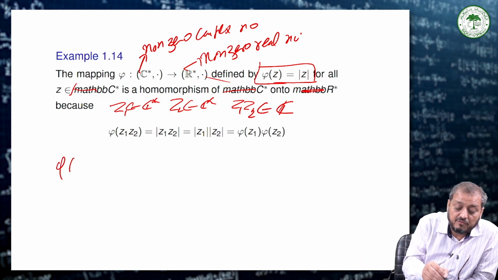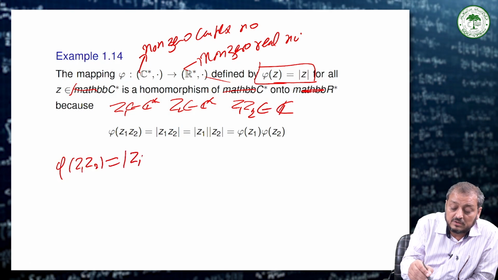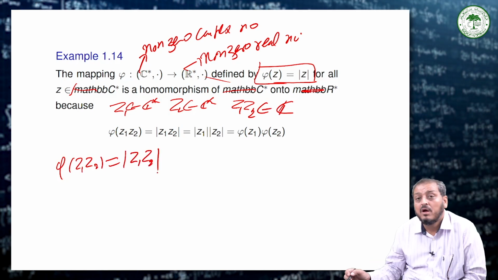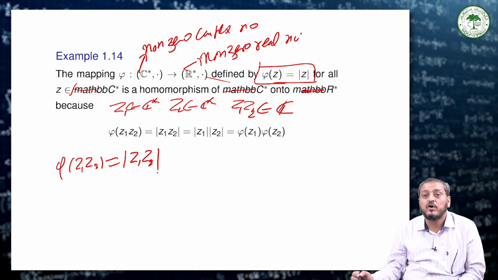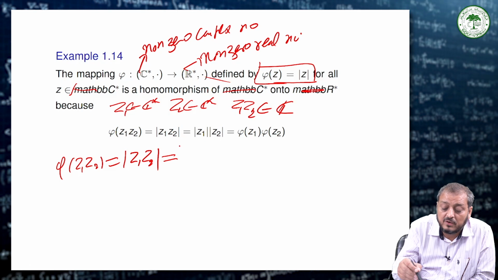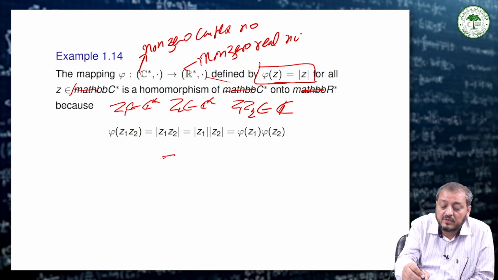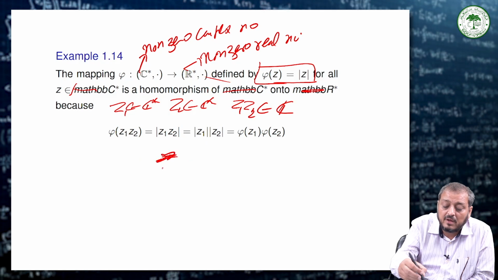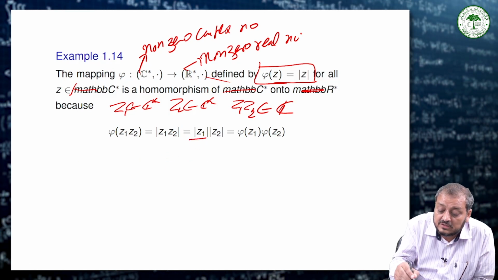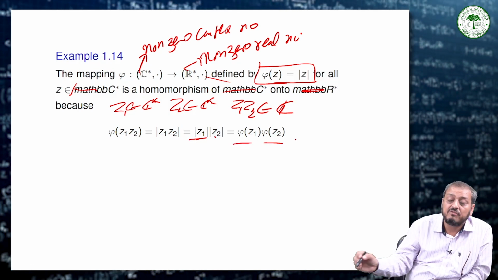Now, phi of z1 z2 is equal to the mod of z1 z2. Using the property of absolute value of a product of complex numbers, this is equal to mod of z1 times mod of z2, which is phi of z1 times phi of z2.